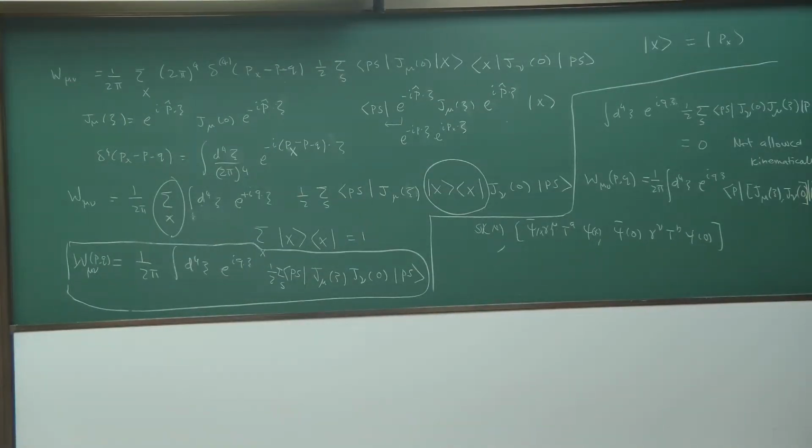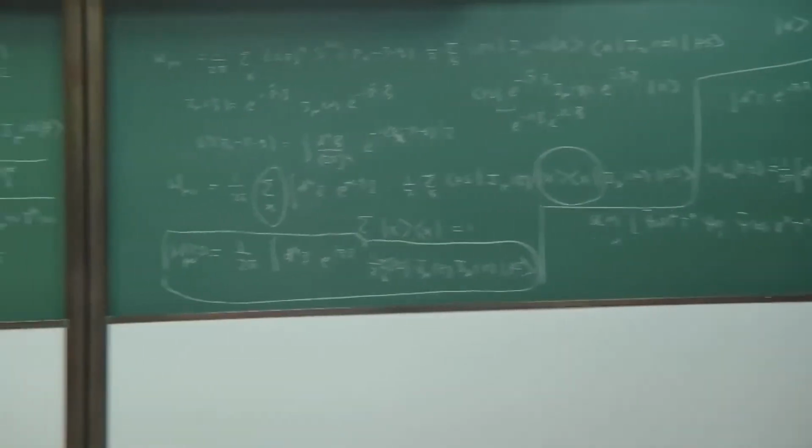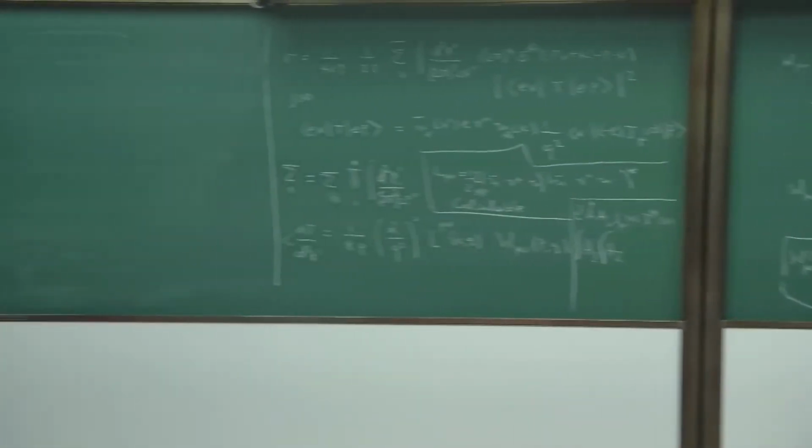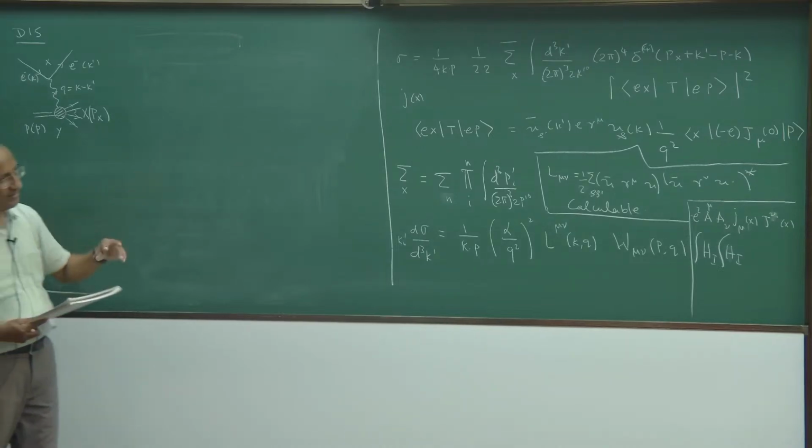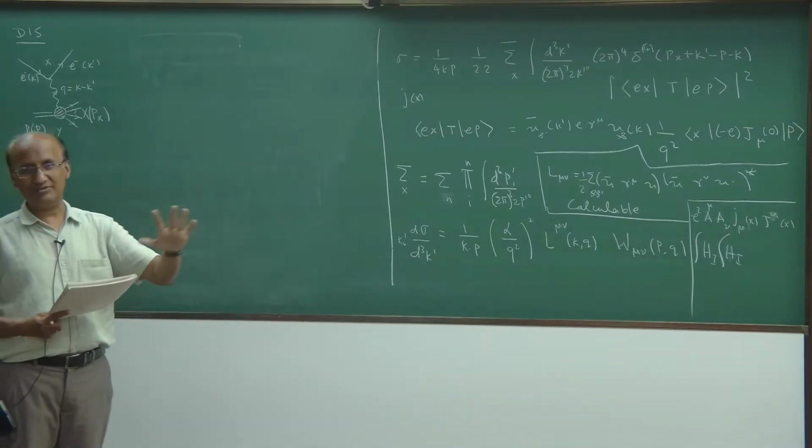In that context, people like Callan, Gross, Jacques and Bjorken studied these currents and derived some sum rules.